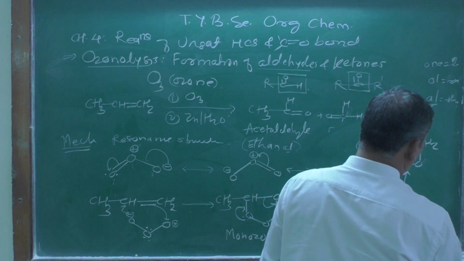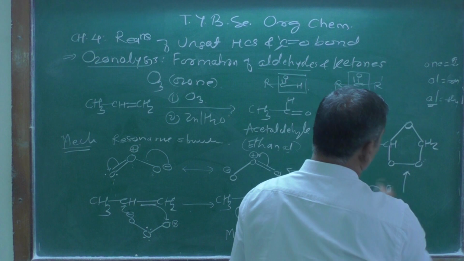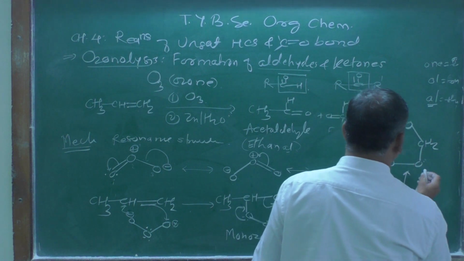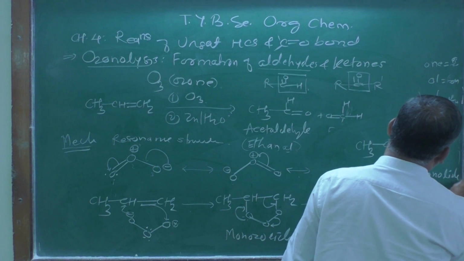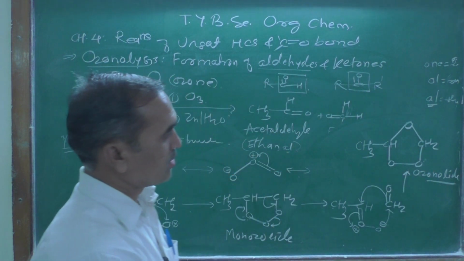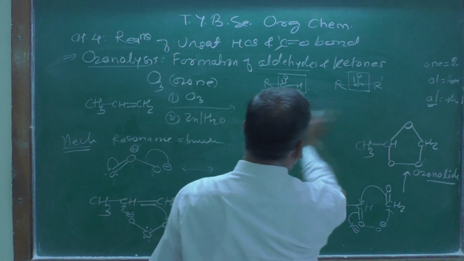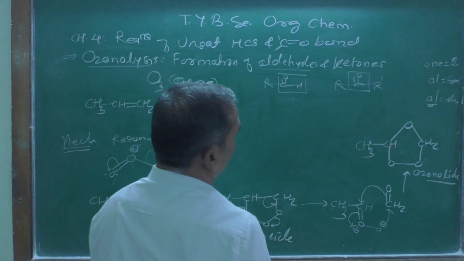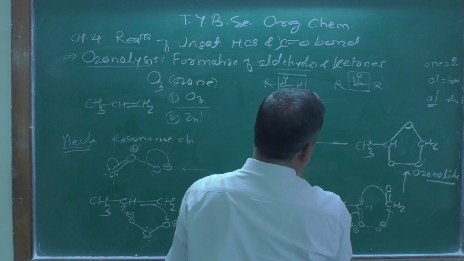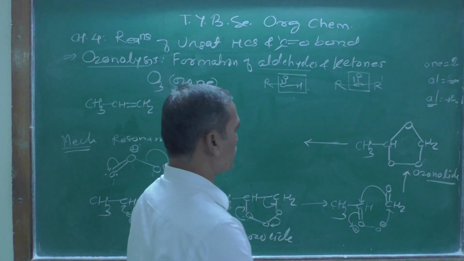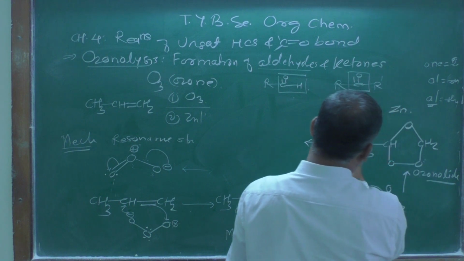Look at here how the structure is forming, and this species is known as an ozonolide. This ozonolide gets trapped with the zinc. We are using zinc dust over there. That is a reducing reagent we are using, zinc. So you can write Zn over here in the presence of water.